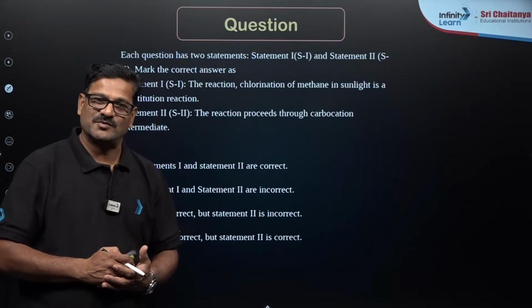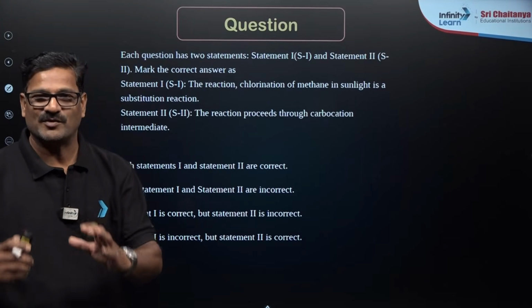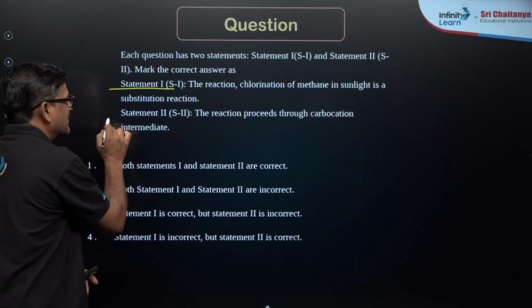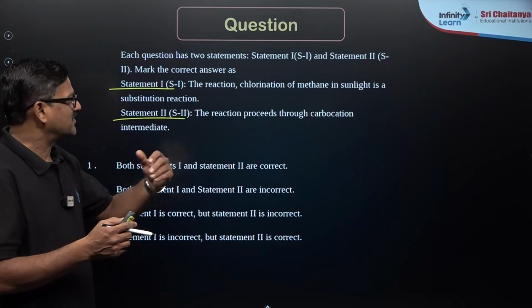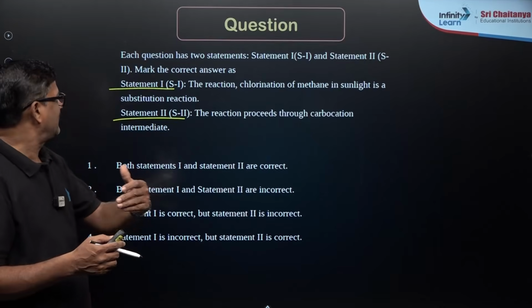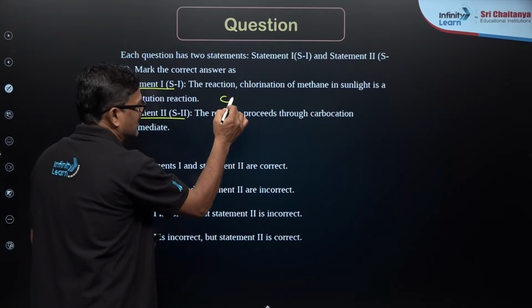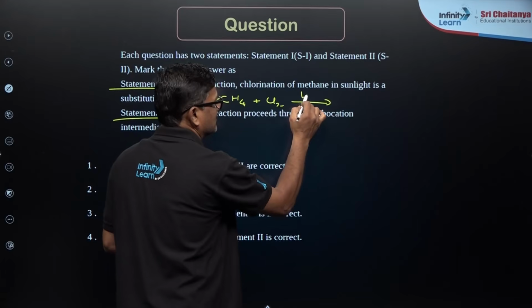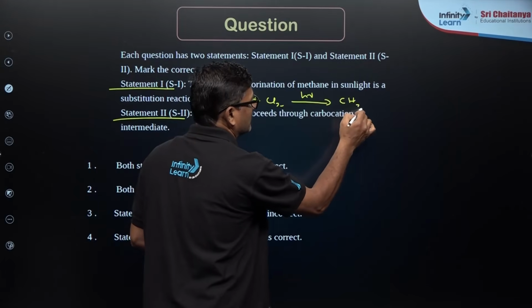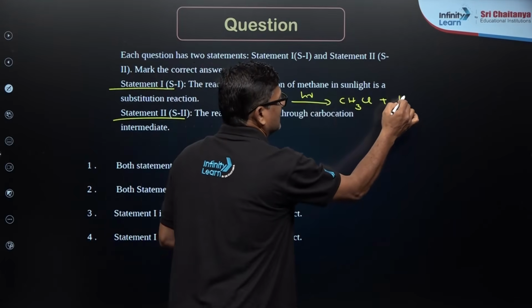Students, this is a GOC cum alkanes related question. It is asking about 2 statements, statement 1 and statement 2. Statement 1 says the chlorination of methane in sunlight is a substitution reaction. So CH4 plus Cl2 in the presence of sunlight, one of the hydrogens is replaced with one chlorine.